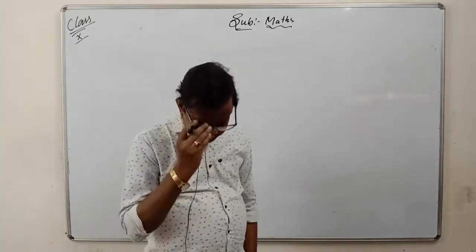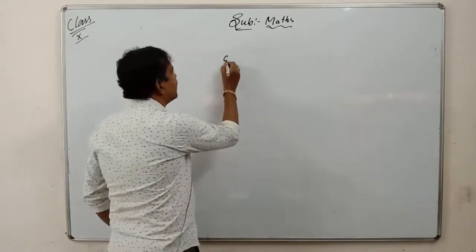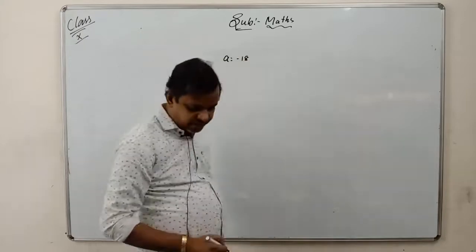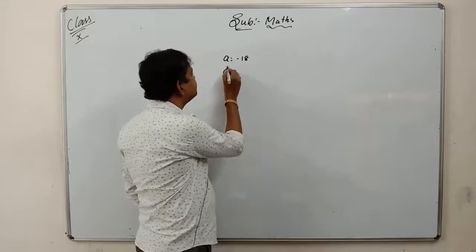Third one is given: first term A equals minus 18, and he has given common difference D equals, we don't know.